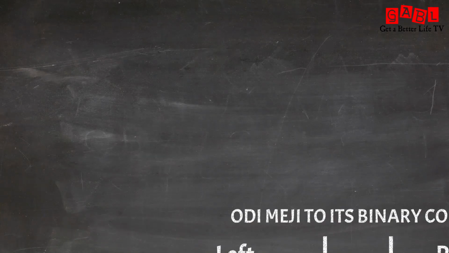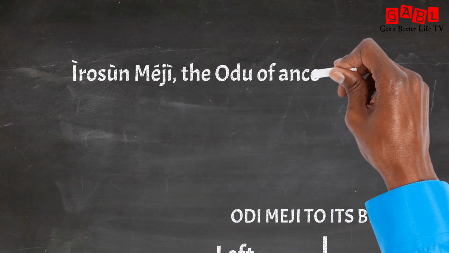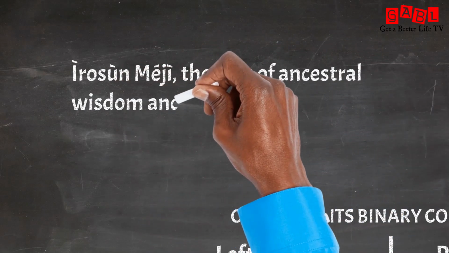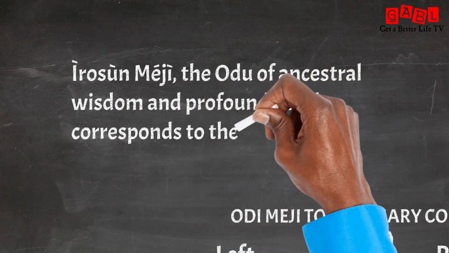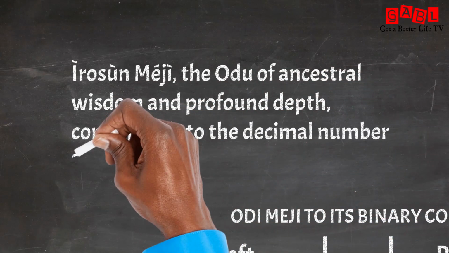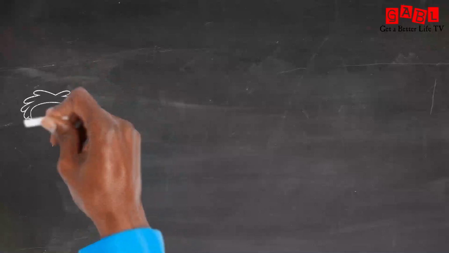So, Irosun Meji, the Odu of ancestral wisdom and profound depth, corresponds to the decimal number 204. Its unique numerical signature perfectly represents its specific pattern within the vast tapestry of Ifa's wisdom.